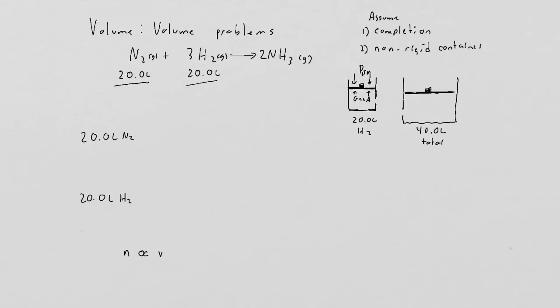This is also key in terms of making the math easy for you. You can do this in a very complicated way, or you can realize that the number of moles is proportional to the volume, assuming that the pressure and the temperature remain constant. In other words, you have a certain number of molecules of nitrogen. Since the volume of hydrogen was exactly the same, the number of molecules of hydrogen you had was exactly the same.